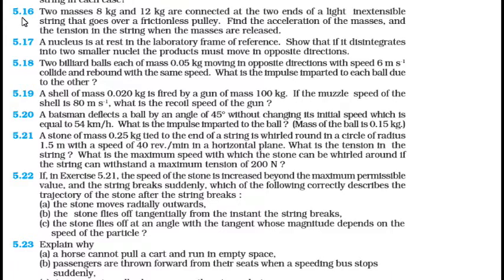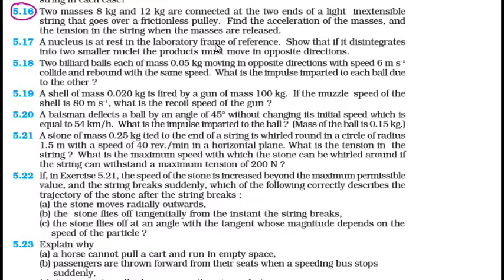Now we'll move to question number 5.16. Two masses 8 kg and 12 kg are connected at the two ends of a light inextensible string that goes over a frictionless pulley.